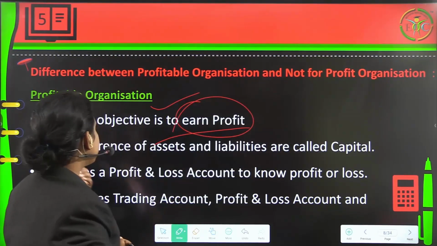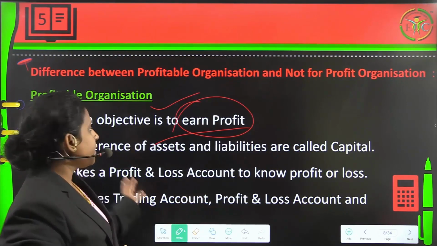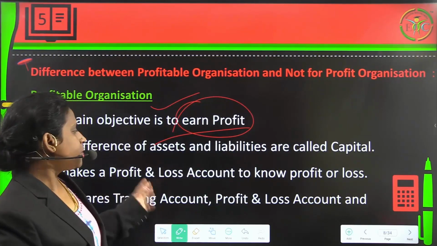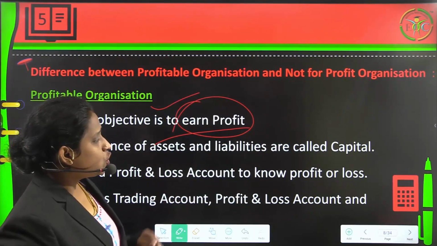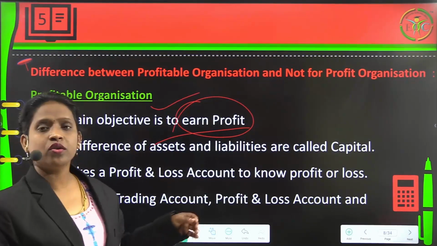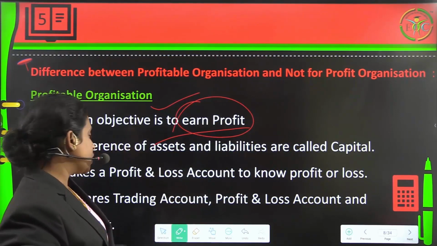Then the difference of assets and liabilities is what we call capital under a profitable organization. Then it makes a profit and loss account to know profit or loss. So why do they prepare this profit and loss account? In order to understand what is the profit or loss of the organization.